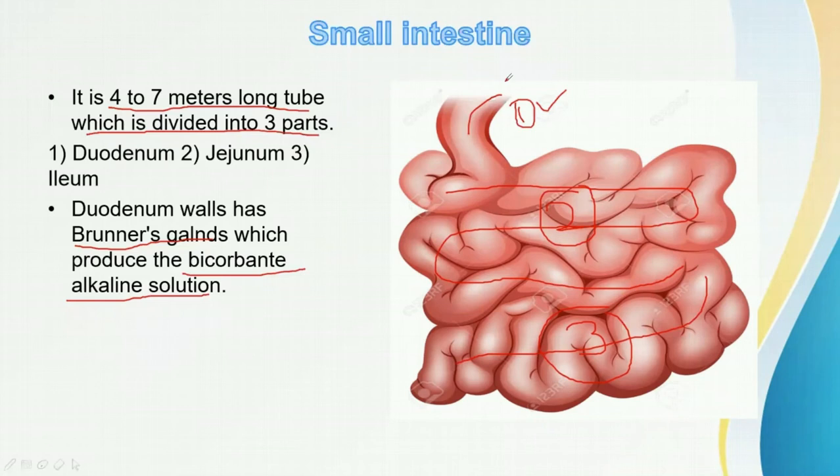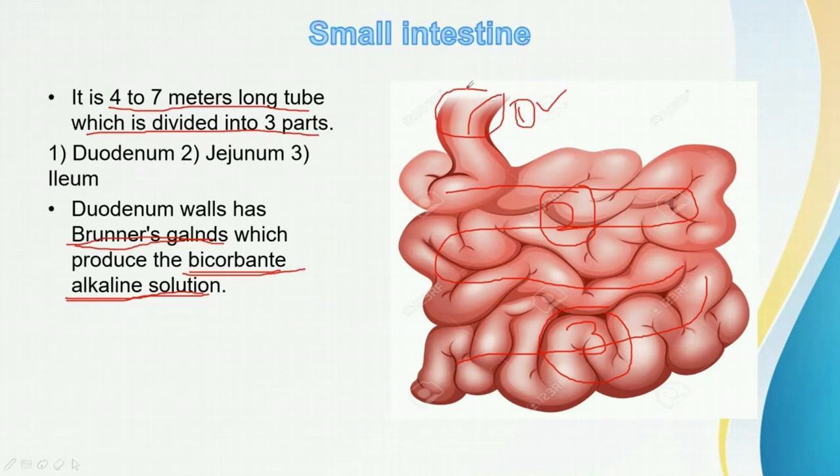So once the chyme enters the duodenum, the special glands called Brunner's glands produce the bicarbonate alkaline solution that neutralizes the chyme.